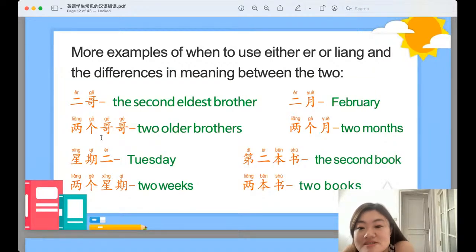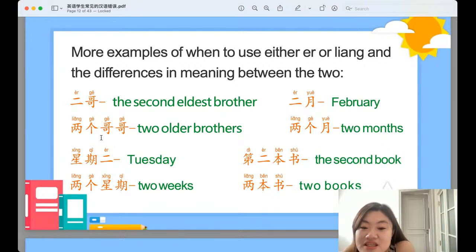February, we say 二月. Again, it's ordinal numbers: February is the second month of the year, so you say 二月. But if you say 2 months, it's actually counting, so you say 两个月, 2 months.